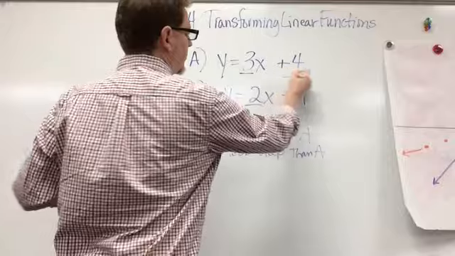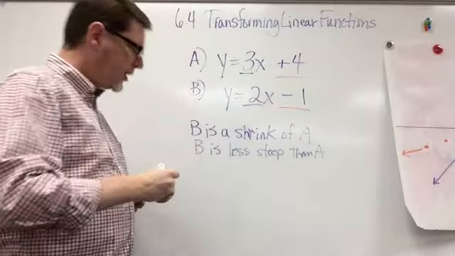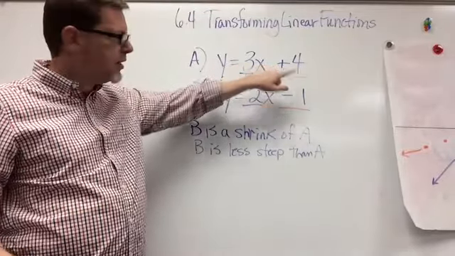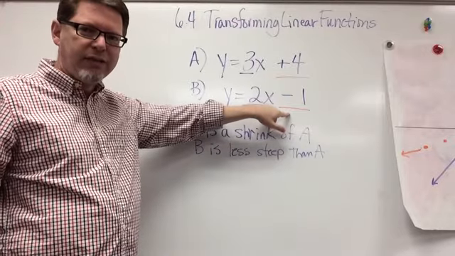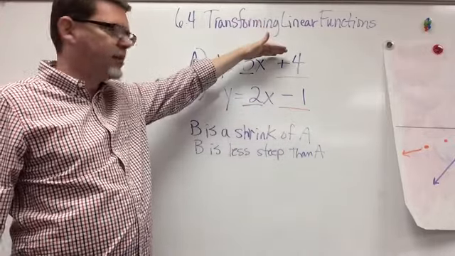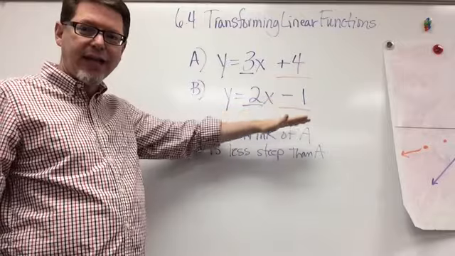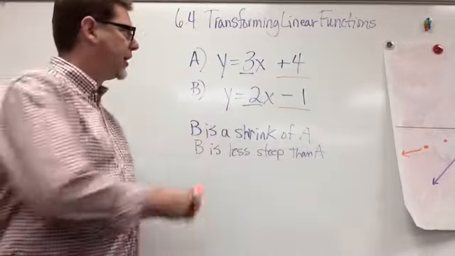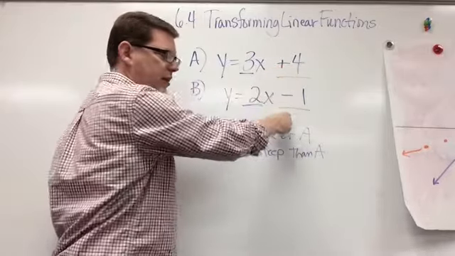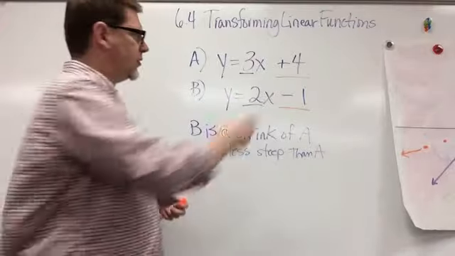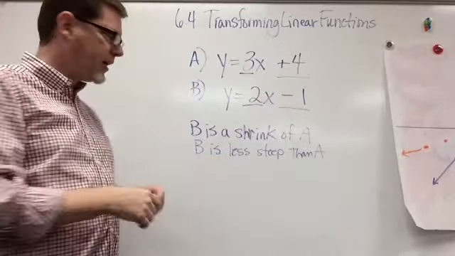Now what about the y-intercepts, 4 and 1? Okay? If the y-intercept is positive 4 here, and this y-intercept is negative 1, we know it is a translation down, but how many? How do I get from 4 down to negative 1? Just subtract those two. What's 4 minus negative 1? It is 5.